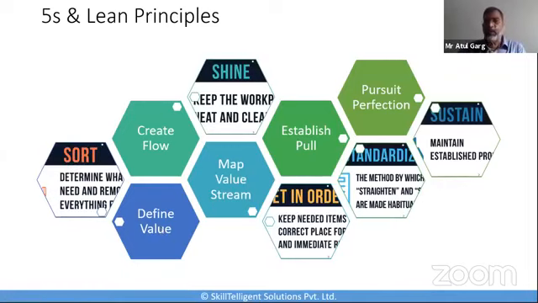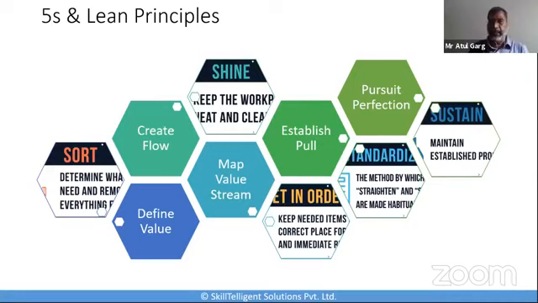Whenever we do the sorting, we look and see whether this particular product, what we have sorted and identified, is going to add any value or not, or is it non-value added stuff. So we will sort based upon the value. Then we do set in order. That means we map it as a value stream and say where this product or this particular process or activity is supposed to fit, and then accordingly we place them in an appropriate place.